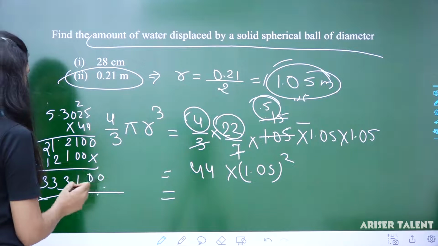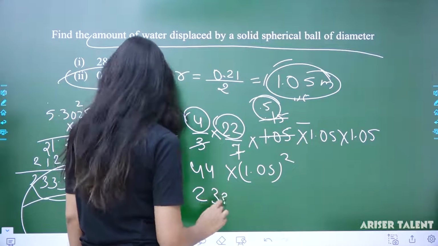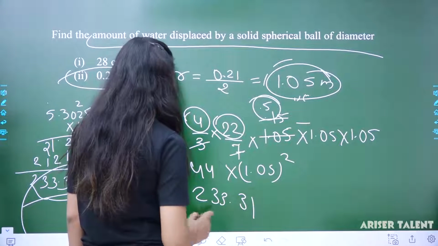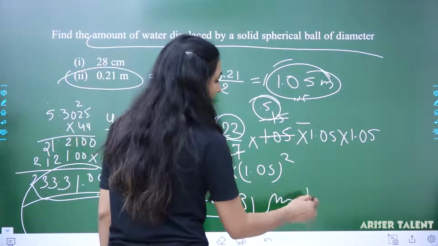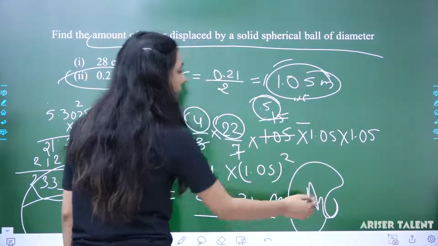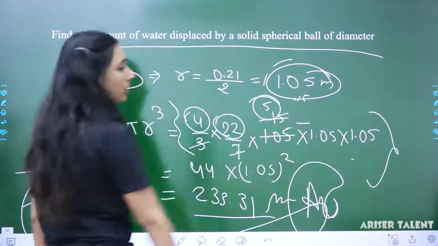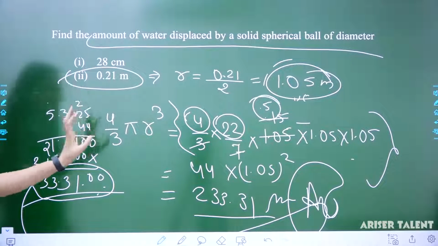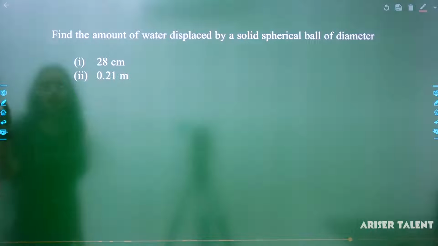So 1, 2, 3, 4 decimal places. That will be something like 233.231 in meters. Okay, I have just calculated roughly. This first step will be like that only. You'll just figure out whether the calculation is true or not. Okay, this is the method for it.